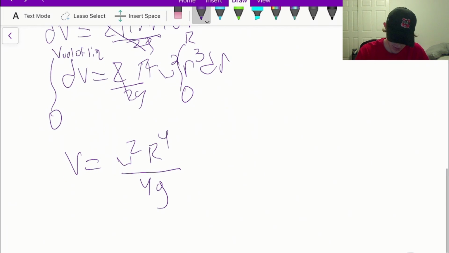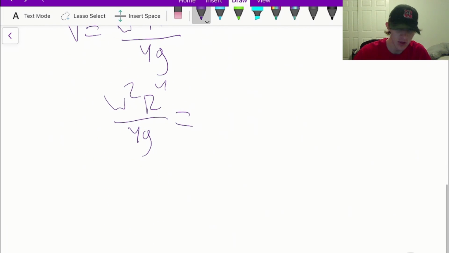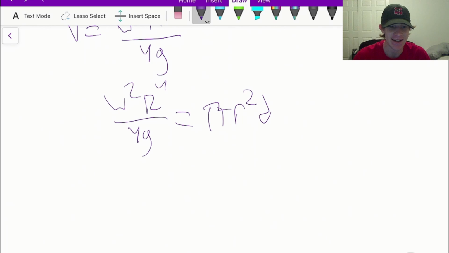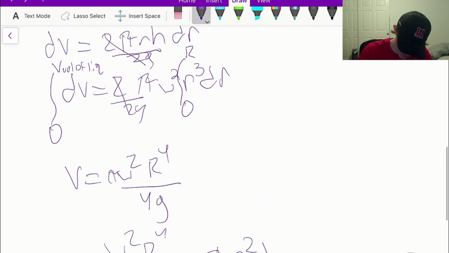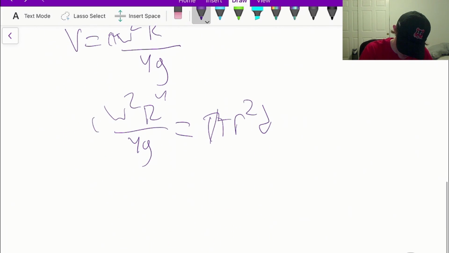So we know that the volume is equal to that right there, equal to the volume on the left side of the cup, which was standing still, which is pi r squared times D. And now we just solve for D. The pi's cancel, I forgot the pi.